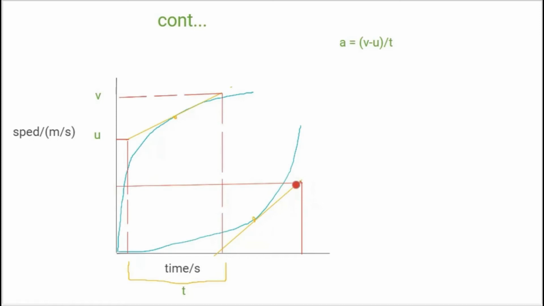Let me label that as 1 so that you don't get confused. So acceleration is v divided by t. And that's the end of finding acceleration in a speed time graph.